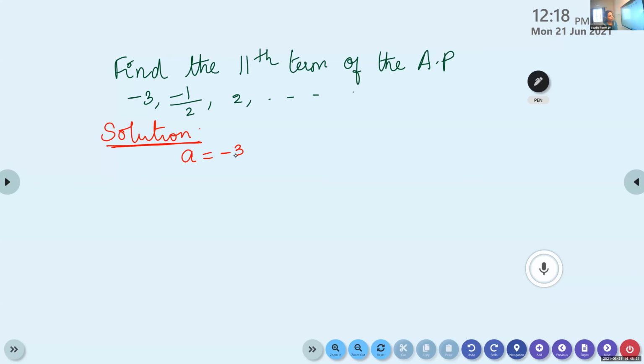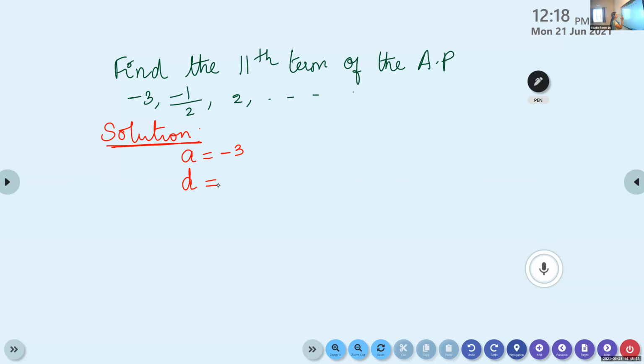Yes, Rifa, tell me. Ma'am, increasing sequence. Very good. It is an increasing sequence. If it is an increasing sequence, the common difference will always be positive. Isn't it?